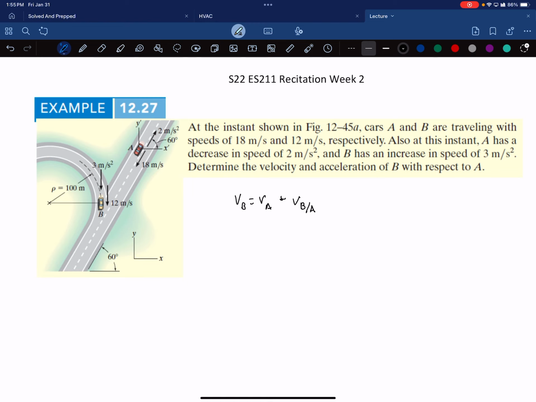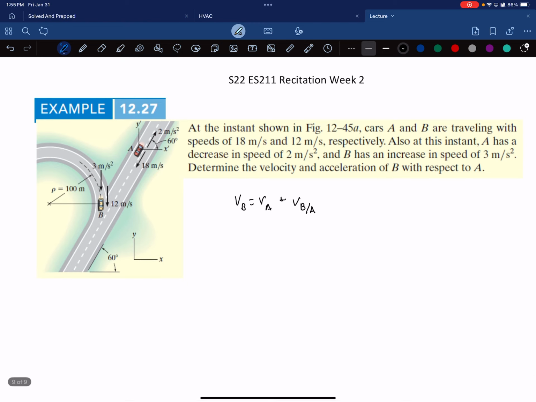The velocity of B we see over here, it's just in the negative y direction. So we have minus 12 meters per second j hat, and that's going to be equal to the velocity of A. That's what we have here, and we're given what angle that's at.